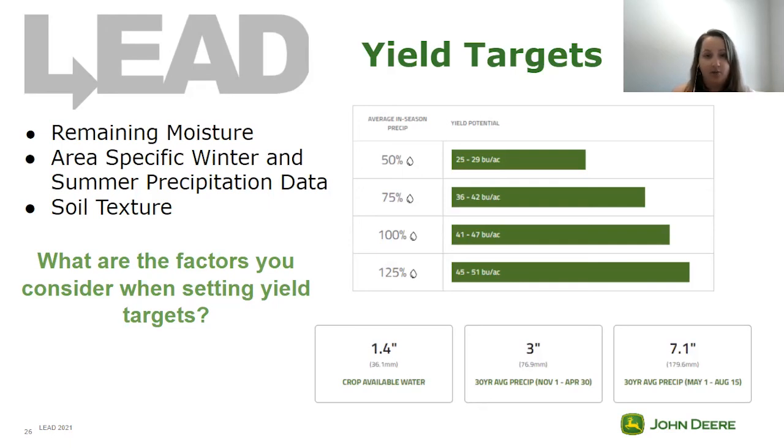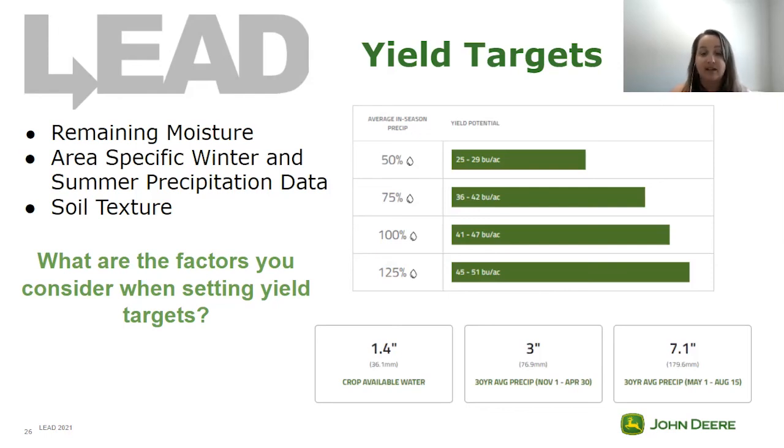If this year we had a lot of snow, maybe you're going to call it 100%, 125, and then you're going to hedge your bets or manage your risk of what you want to target based on the in-season precipitation provided to you.